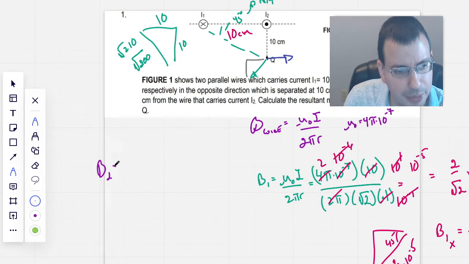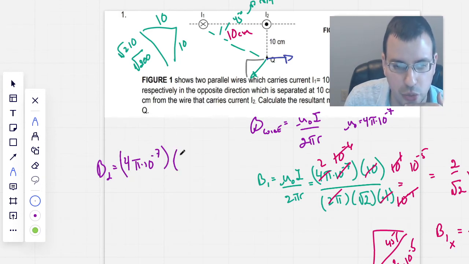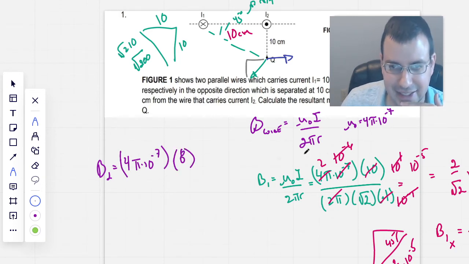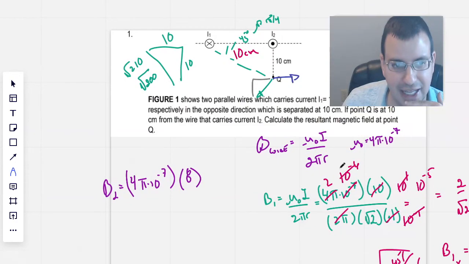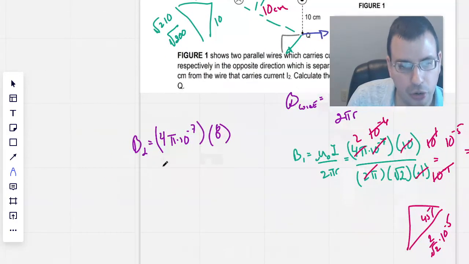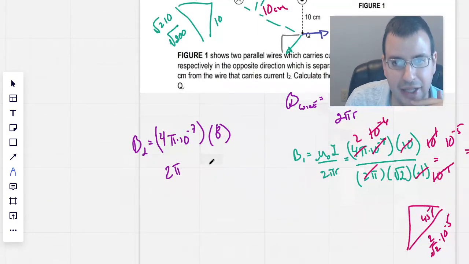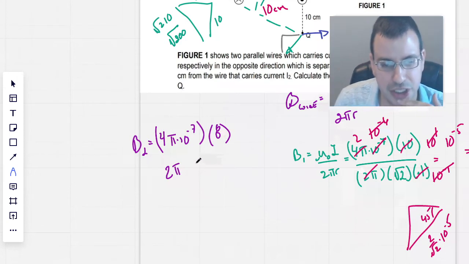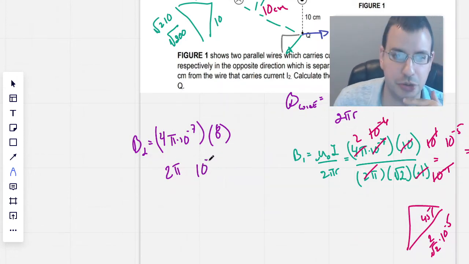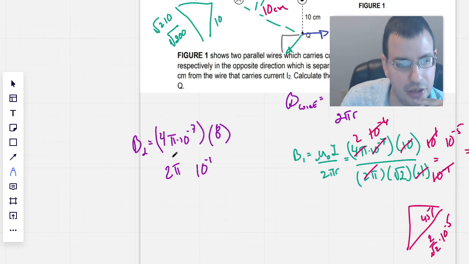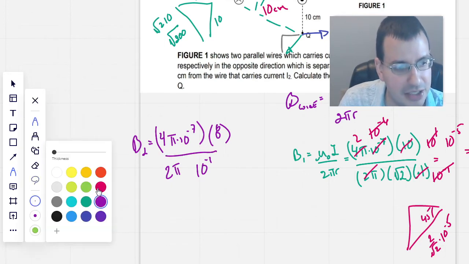Magnetic field due to wire number 2, same formula, 4 pi times 10 to the negative 7 times the current, which I think is 8. Yes, 8 amps, all over 2 pi times the radius, which is 0.1 meters, which I'm gonna write as 10 to the negative first. All right, do some canceling.